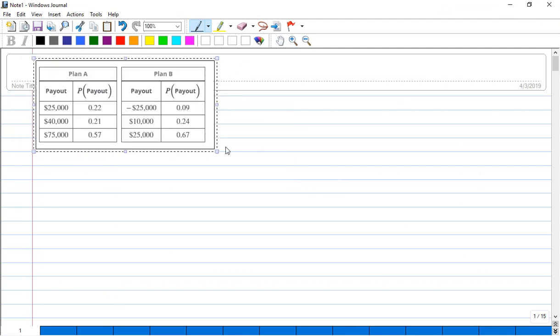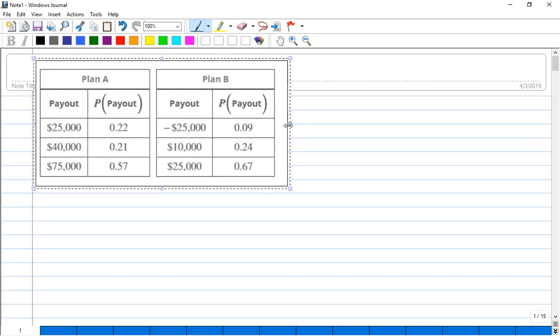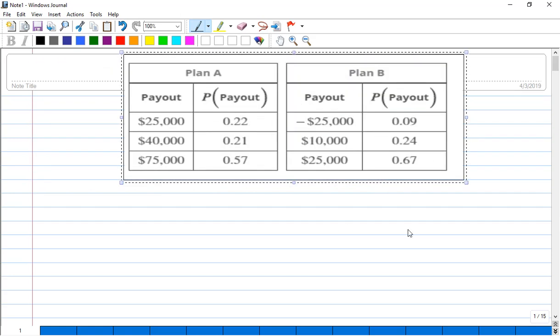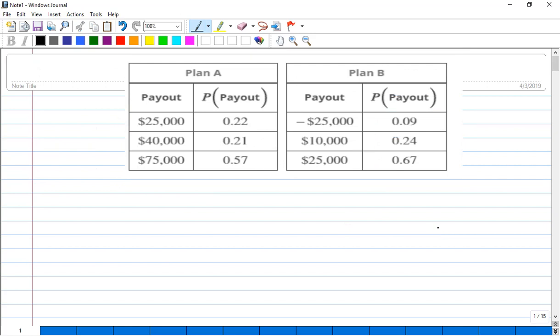Alright, so again, I've got to find the standard deviation for both of these plans. And to find the standard deviation, you first need the expected value. And expected value is like the mean of the set of data. Now calculators will do that. I did all this out by hand, so I'm just going to show you what to do to find the expected value for each plan.